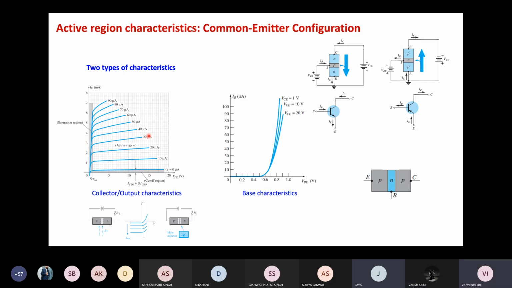No breakdown. We are not going up to that kind of voltages, so that's why there is no breakdown. Okay, it was just a guess from your side. Or was it more than a guess? Sir, instinctive understanding, I could say.